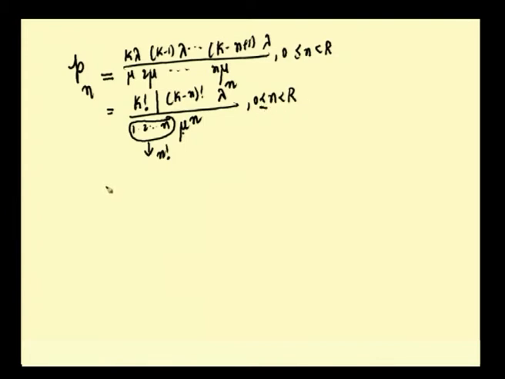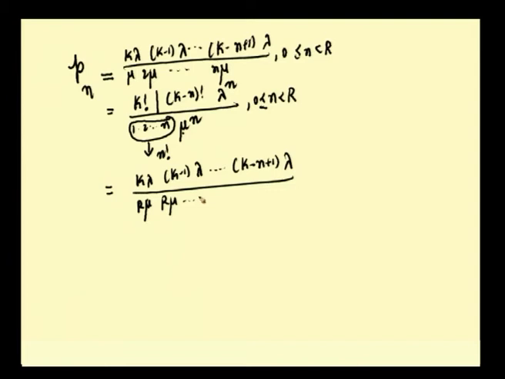Now, the same thing in the case when n lies between R and K is k lambda, k minus 1 into lambda and so on, similarly k minus n plus 1 into lambda, divided by R into mu, this product taken n minus R times, and the remaining R terms take the form R minus 1 into mu, R minus 2 into mu, and so on up to 1 into mu.